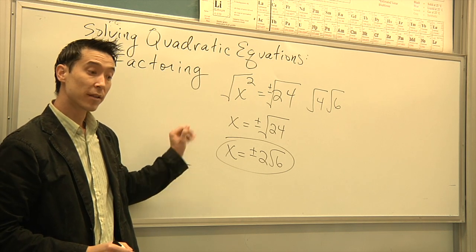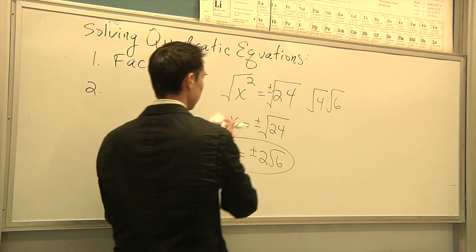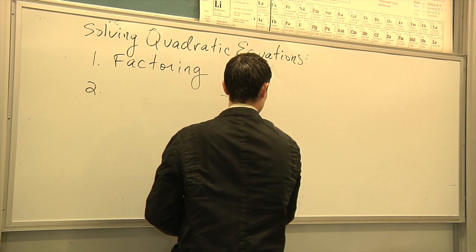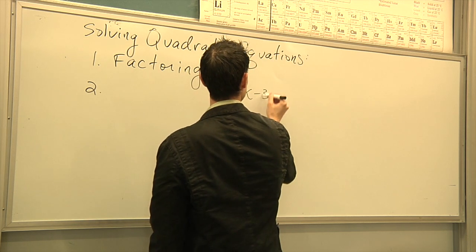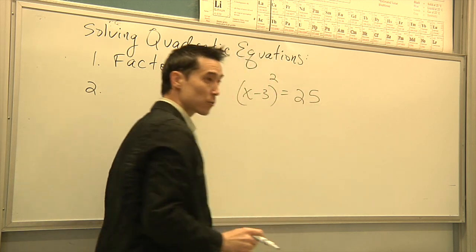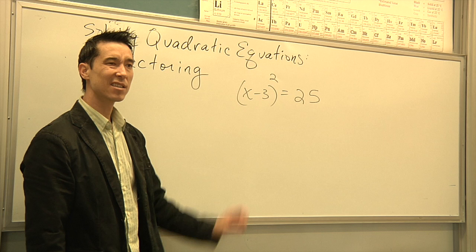The square root property was also utilized to solve equations like this. X minus 3 quantity squared equals 25. This was another type of equation we utilized the square root property to solve.